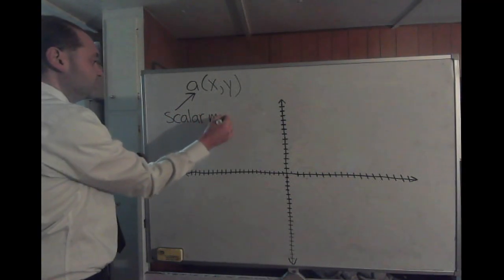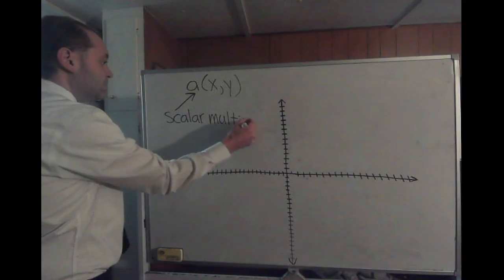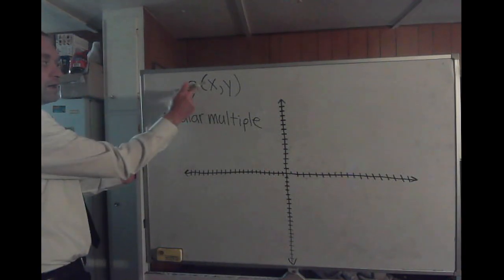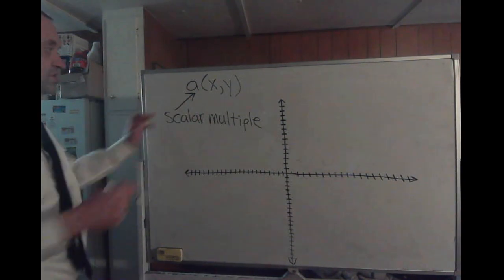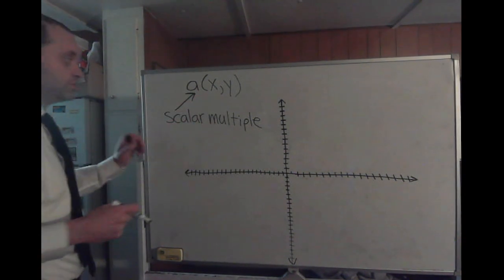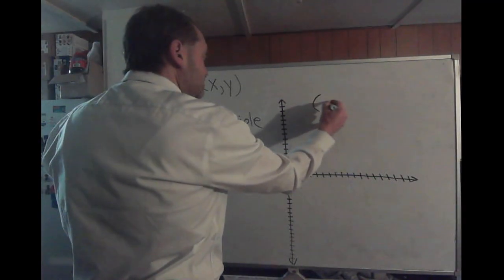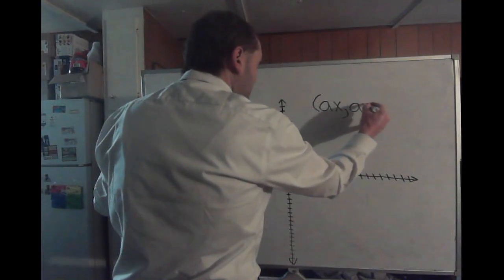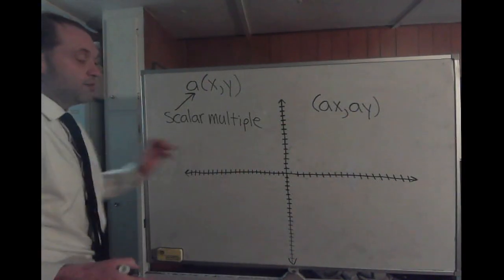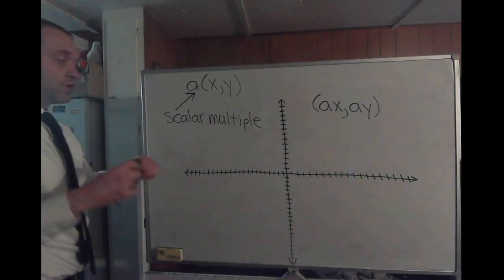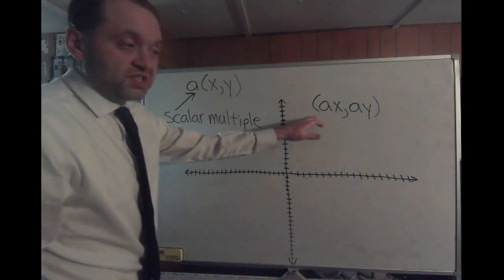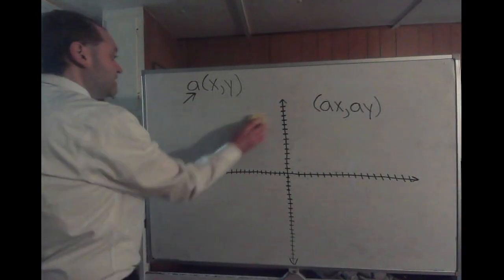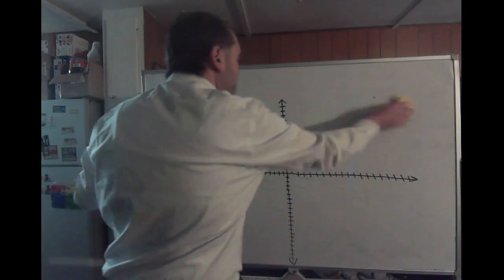To find the value of multiplying the vector by the scalar multiple, it's simply that scalar multiple times your x coordinate, and then the scalar multiple times your y coordinate. That would be the value of the vector when you use a scalar multiple to multiply it. So scalar multiplication of vectors is also pretty easy.